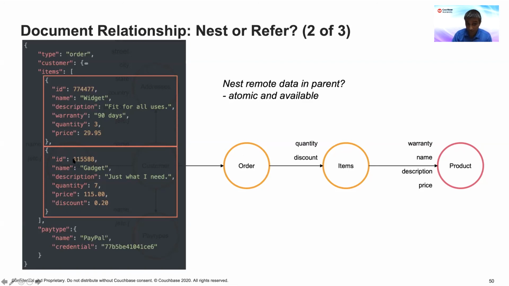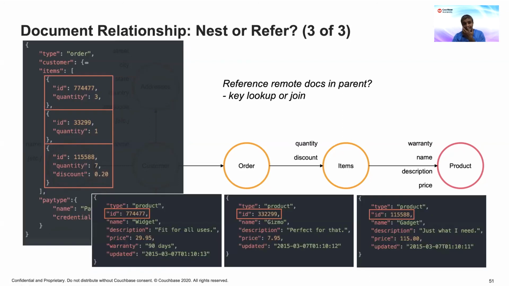I have this choice, where items has quite a few attributes within it. Or I have a choice of doing something like this, that is, keeping my products separate, while within items I don't keep all the item details, rather I just refer to them. The choice is yours based on the various trade-offs that we talked about.